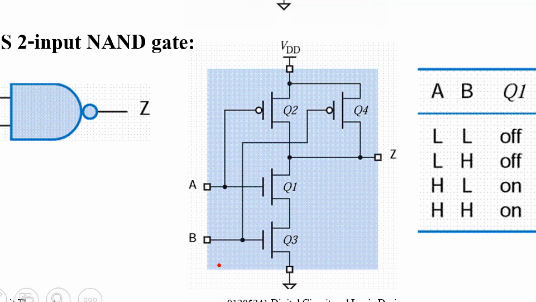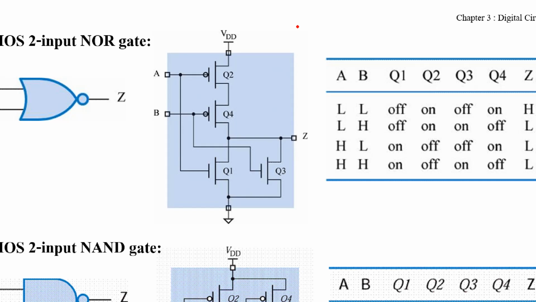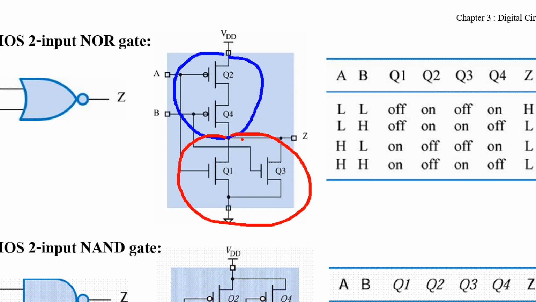And about this circuit, if the upper part connects in parallel, the lower part will connect in series. For this type of circuit connection, actually you can analyze the circuit by considering only the upper part or only the lower part.